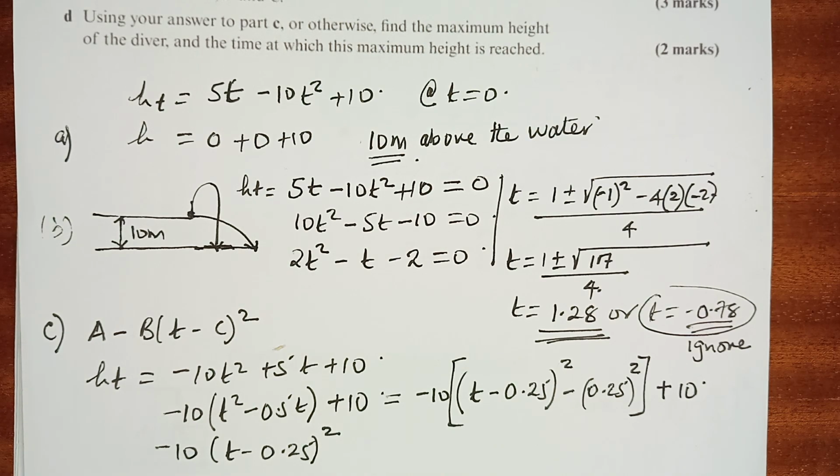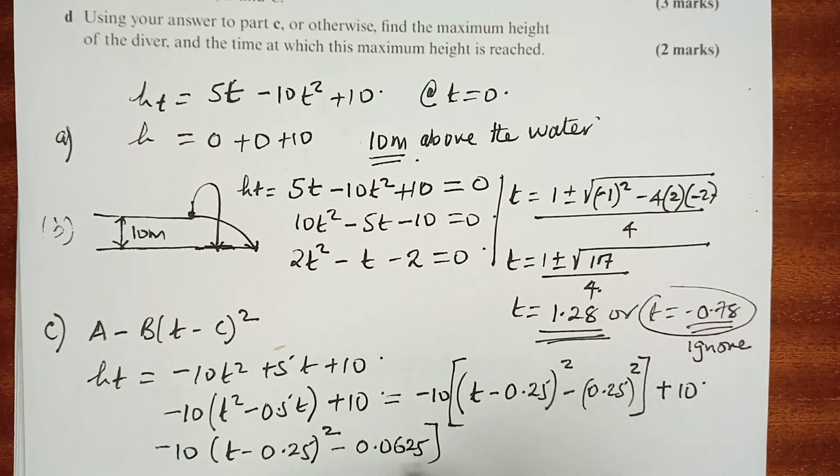So we have minus 0.0625, close the bracket and close there, plus 10. There we go.